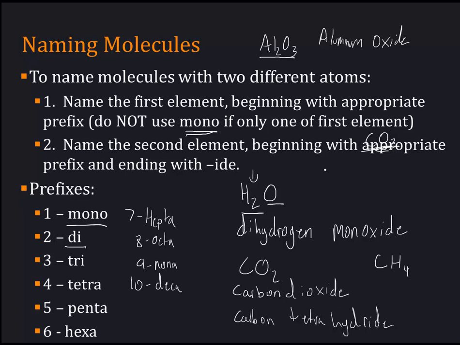If I were to say silicon dioxide, you could look at that and say, okay, well, silicon is Si, di means 2, oxide is oxygen, so SiO2. There's the chemical formula for silicon dioxide. If you see prefixes in a chemical name, then you know that it's a molecule. That means it's got covalent bonds in it.